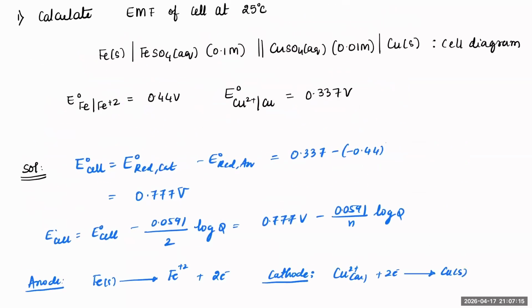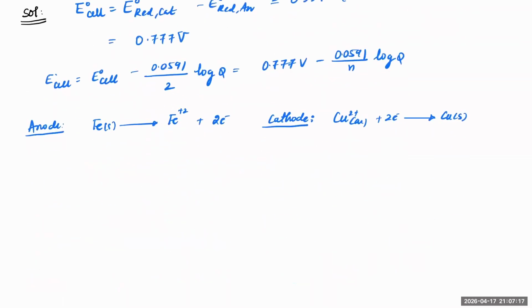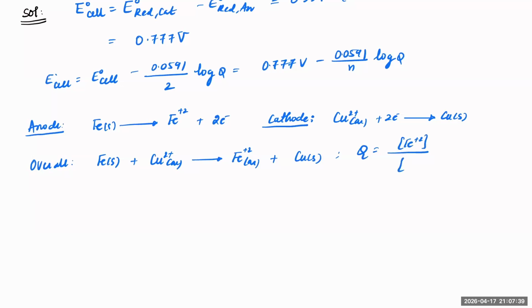This is the reduction reaction. So if I add both of them, the overall reaction includes solid Fe plus aqueous Cu2 plus giving aqueous Fe2 plus plus solid copper. Then the Q value will be simply the concentration of Fe2 plus upon the concentration of Cu2 plus.